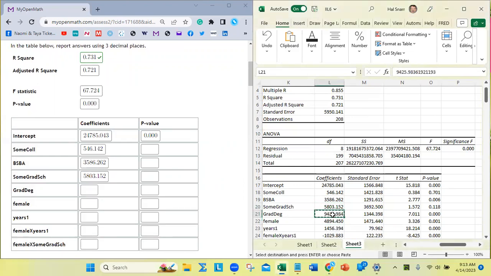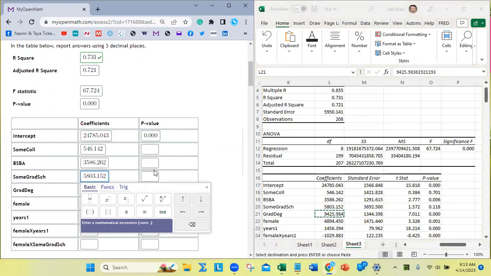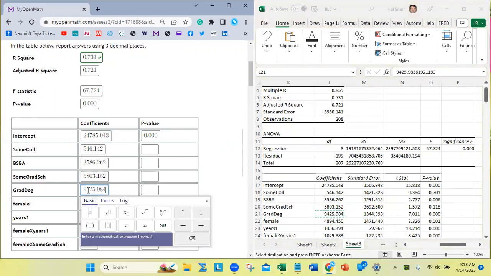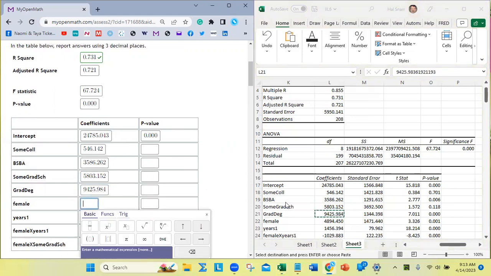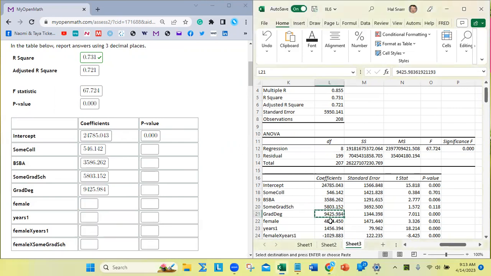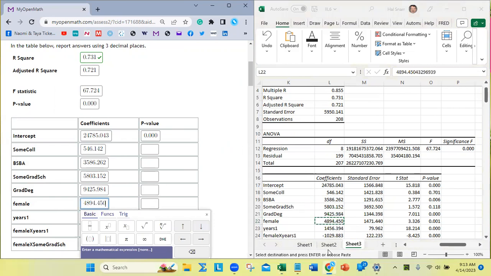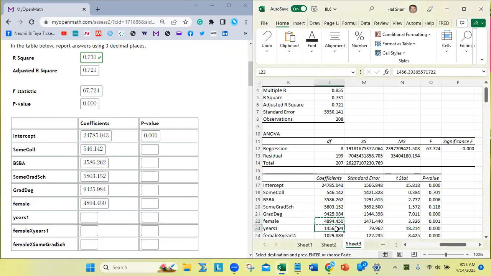You can just go one for one from Excel into my open math.